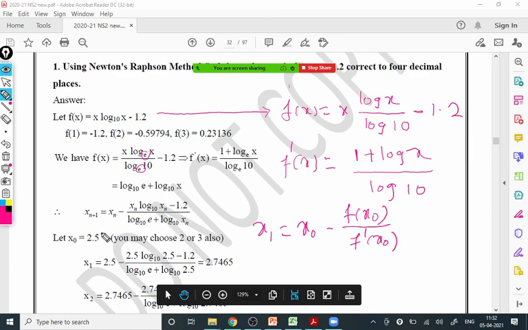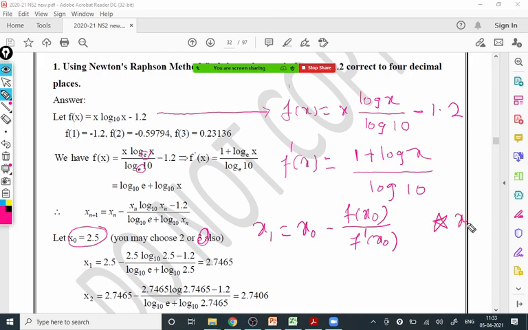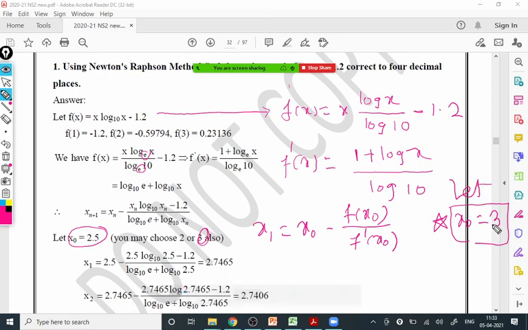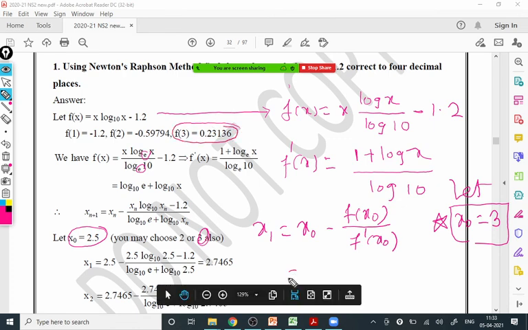Now here the calculation is done with 2.5. I will show with 3. Generally I prefer the upper value of the interval as x0, and that is a better choice. So I take x0 equal to 3. If x0 is 3, f of x0 we already calculated. So x0 is 3 minus f of 3, that is 0.23, divided by f dash of 3.